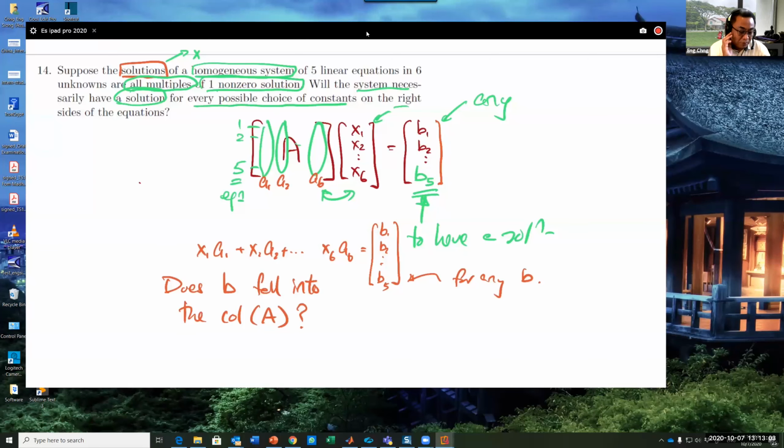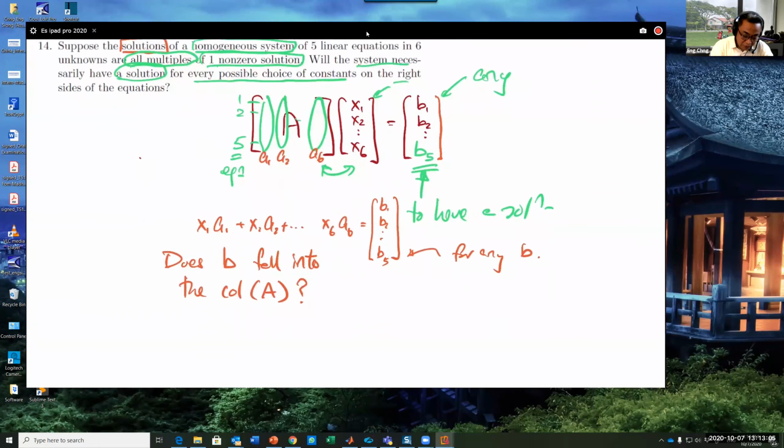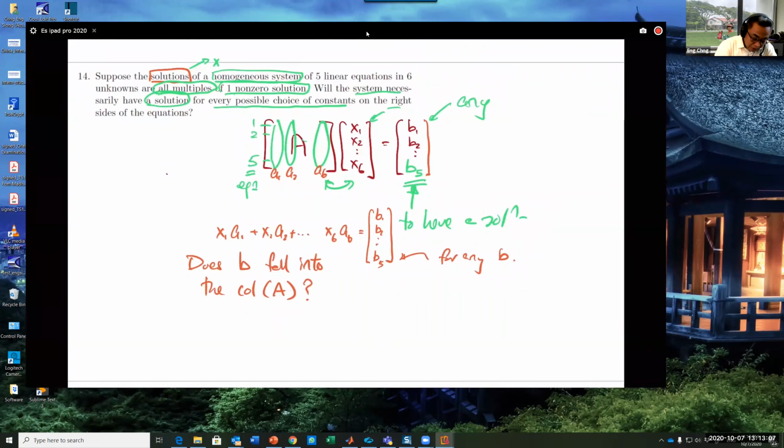And then maybe you say, it's okay, fine. He has already told us there is one free variable in this whole system of equations. Therefore, the rank of the matrix A is 5. The dimension that we are interested in, B belongs to R5.